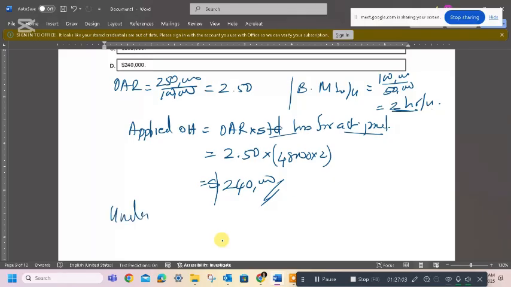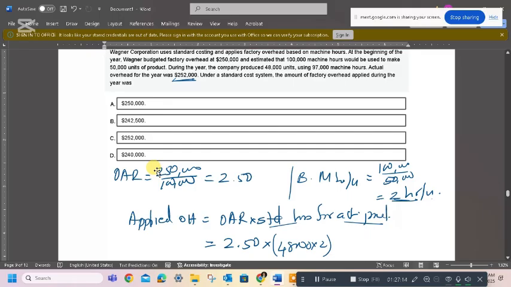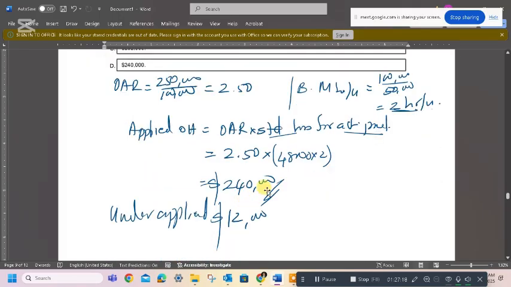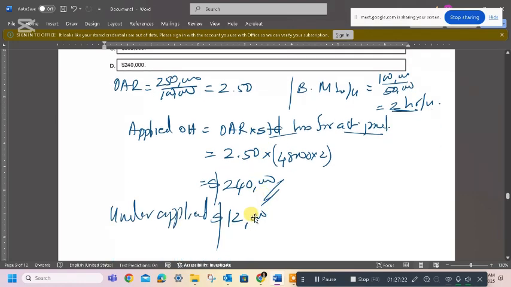How much underapplied? 12,000. They didn't ask that. Maybe in another question they will ask that. Underapplied 12,000 has to be treated like an additional cost, because you have applied 240 so far, but the actual is 252. Another 12,000 cost is there. So it's like an additional cost.